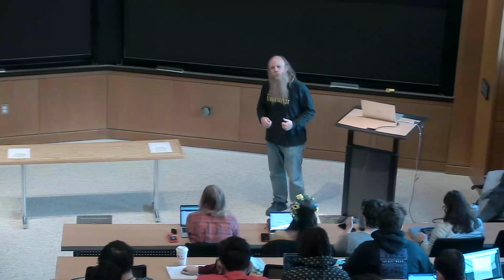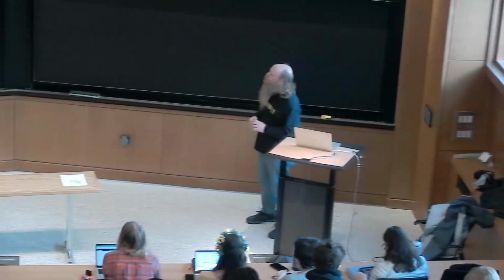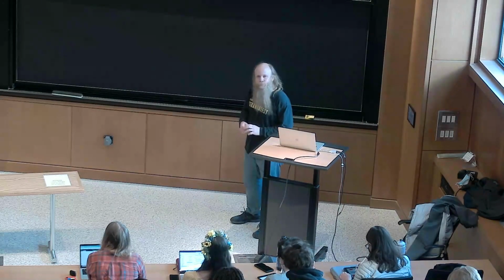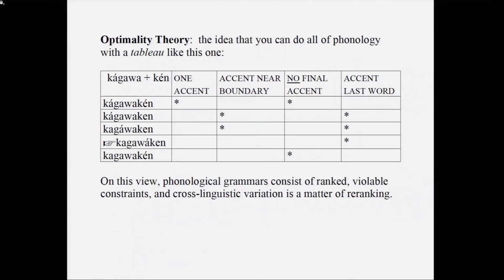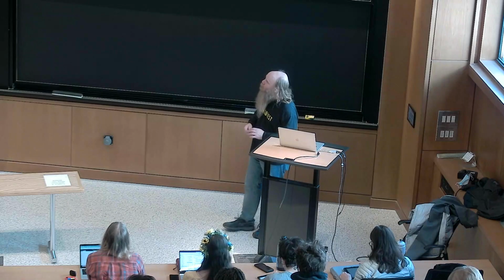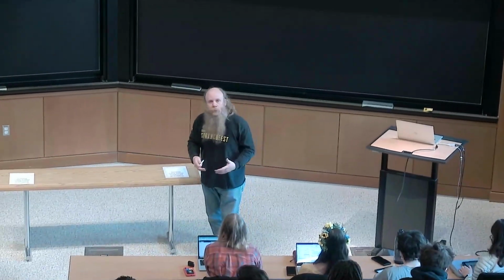And the idea here is that language is like that. There are cases where you have to decide among your various desiderata which ones you care about the most. The hope in optimality theory is that we'll end up with a list of these constraints, these laws, these rules, that'll be universal, and that differences between languages are just a matter of deciding what order the different constraints are in.